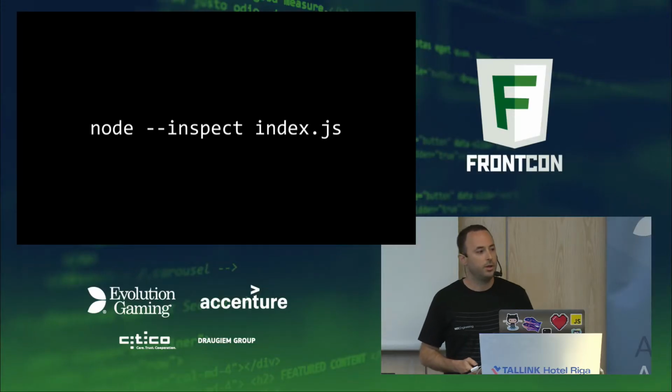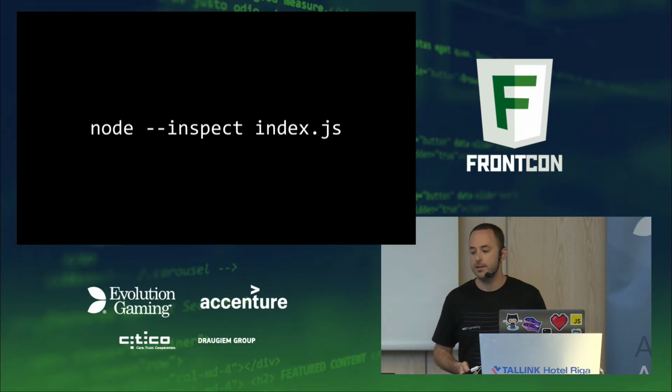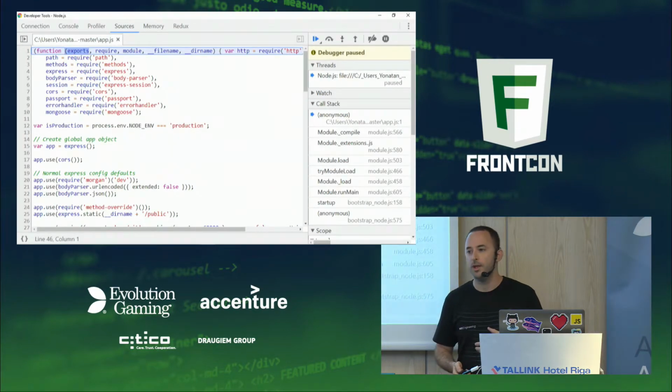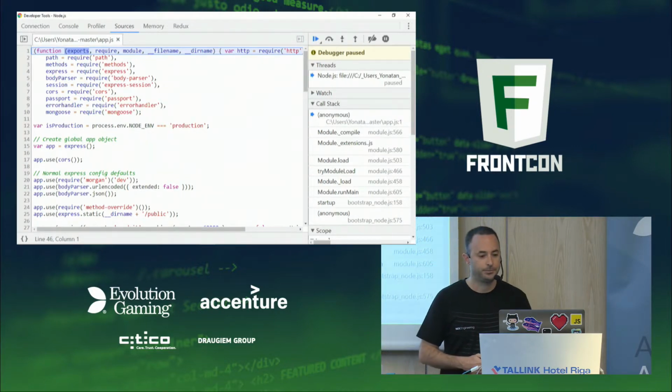And by doing that, they were able to completely reutilize and reuse the DevTools UI that exists for client-side applications. So in order to play with this, all you have to do is start a Node script the way you normally do, but you pass in this extra parameter of --inspect, and what you'll get is the familiar DevTools UI, but for debugging your server-side application right now.